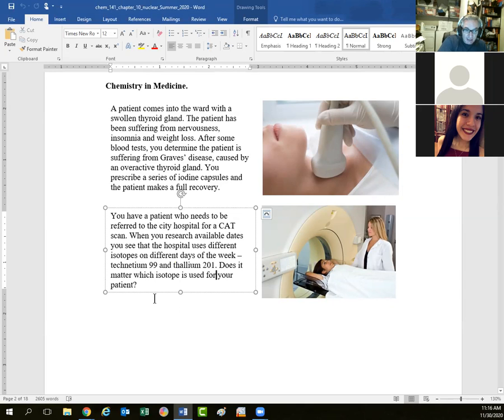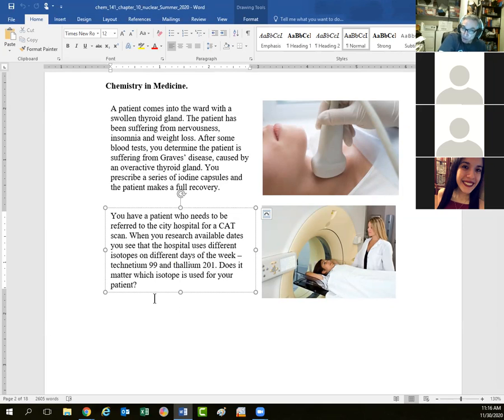Does it matter which isotope the patient is exposed to? We'll talk about how it could be important to choose one isotope over another, and why one isotope is probably less dangerous than the other.